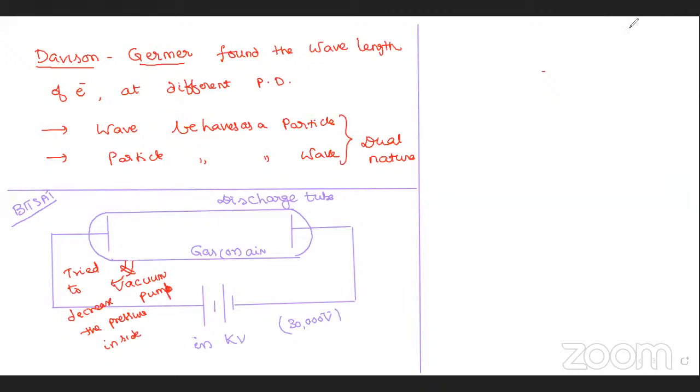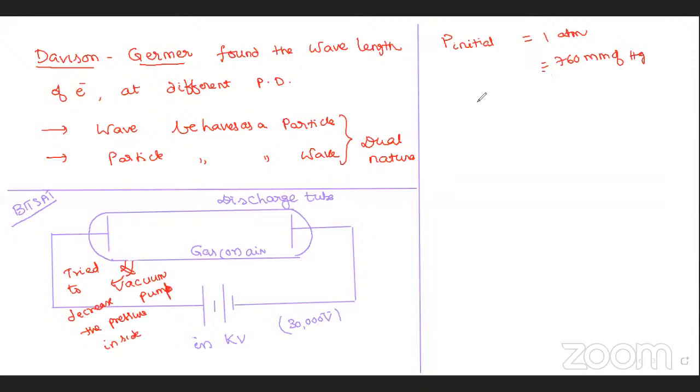The initial pressure we took is 1 atmosphere, which means 760 mm of Hg.